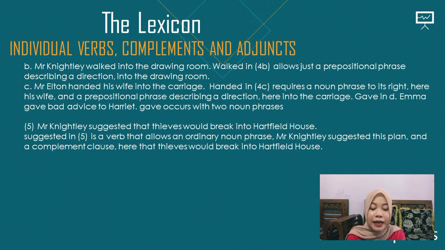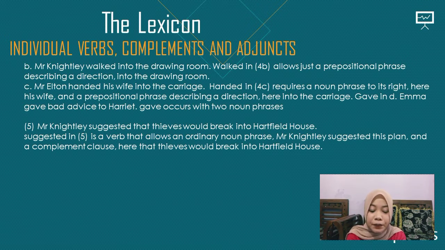Selanjutnya yaitu Mr. Elton handed his wife into the carriage. Nah, handed di sini memerlukan dua frasa. Yang pertama frasa kata benda di sebelah kanannya, yaitu his wife, dan juga frasa preposisi yang menjelaskan arah ke mana, yaitu into the carriage. Nah, selanjutnya Emma gave bad advice to Harriet.